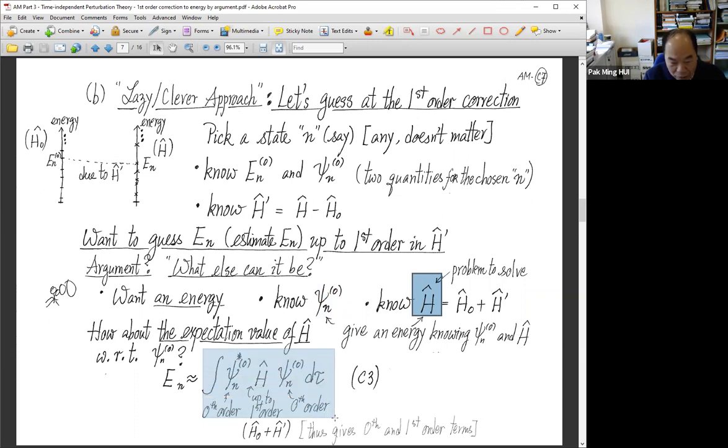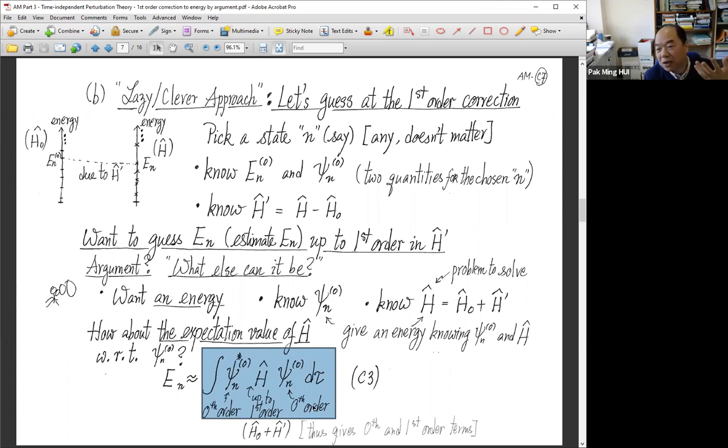So let us try to see what it is. I will try to calculate an energy with my limited resources. I only know two things. The problem you give me, and then I identify the exactly solvable one. There is a wave function for the state that you're asking, the nth one. So look at this expression. The state on the left-hand side is unrelated to H prime, so-called zeroth order in H prime. The state on the right-hand side is zeroth order in H prime.